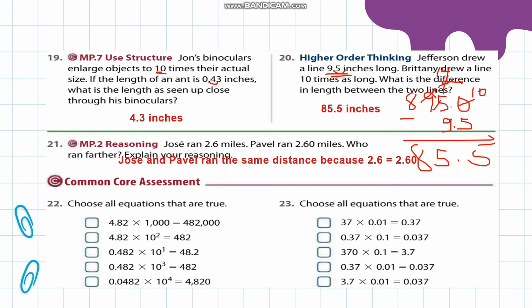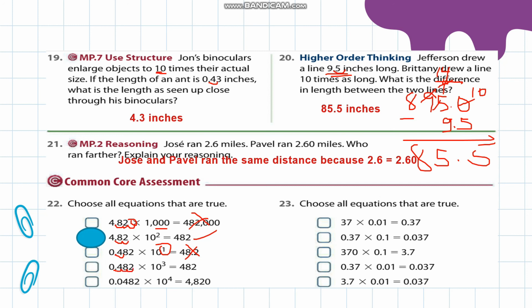Number 22. Choose all equations that are true. So multiply by 1,000, three movements, 1, 2, and 3. So I'll just add 1 zero. So the answer is 4,820, not 482,000. 2 is an exponent, so move 2, 1 and 2, so 482, so that is correct. 1 is an exponent, so move 1, so the answer is 4.82, not 48.2. 3 is an exponent, move 3, 1, 2, and 3.